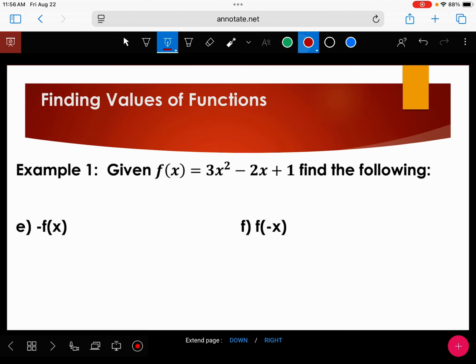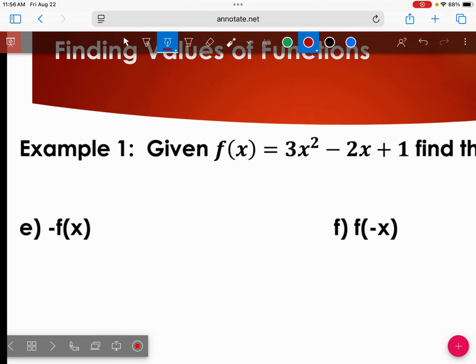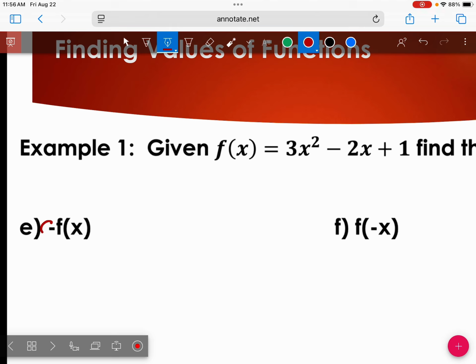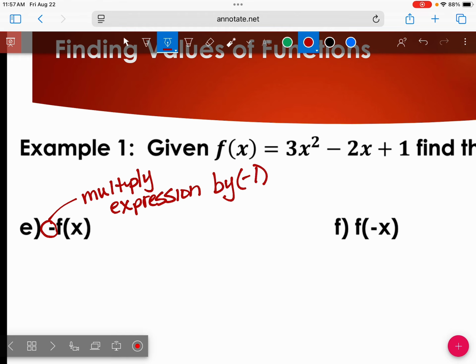Now, the placement of the 2 negatives makes it different. When it's in the front, like this right here, that means I'm going to multiply the expression by -1. That's what that's saying to do when it's in front. So that doesn't mean it's going inside of the parentheses. It's just going to go in front.